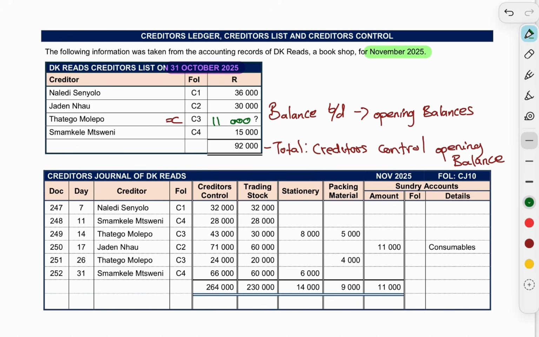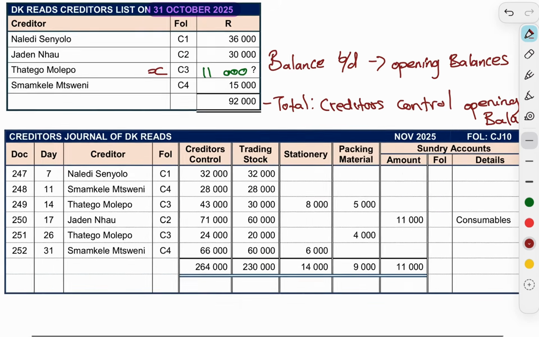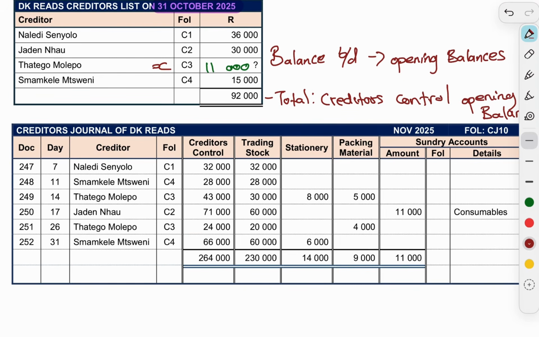And then one other thing that you should know is the purpose of each journal. Okay, so the journals that we are given: number 1, the creditors journal. The creditors journal looks at the credit purchases of items. That means whenever we buy anything on credit, or even if we render a service on credit, it gets recorded under the creditors journal.